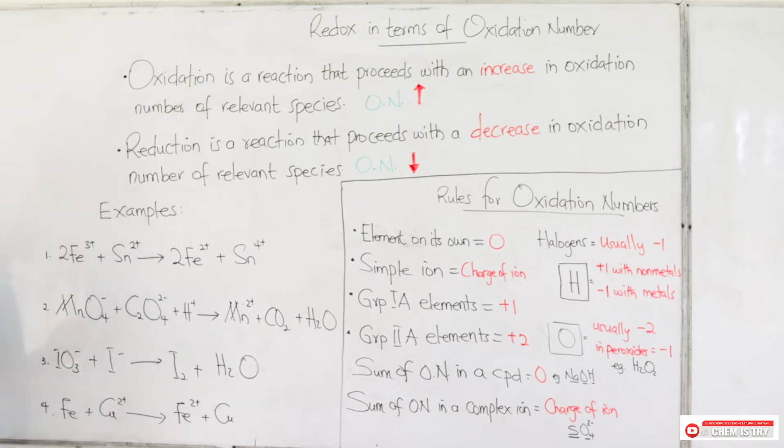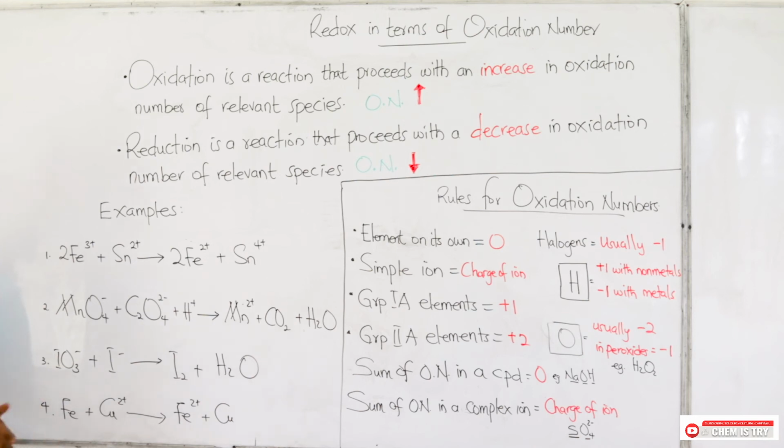Now we have examples here. Whenever you are given any chemical reaction and you are asked to find which species or which substance is undergoing oxidation and which one is undergoing reduction, what you need to do is to write down the oxidation numbers of all the atoms or all the elements present in that chemical equation.